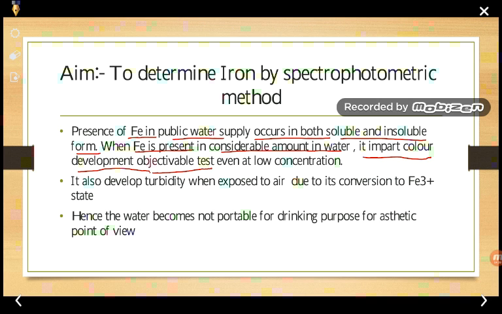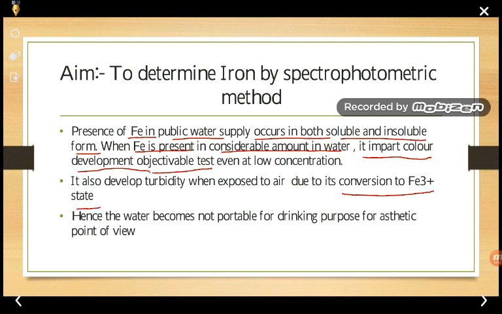Next, it also develops turbidity when exposed to the air. If you keep water containing a high amount of iron for 1 hour, you can find that when exposed to the air, it becomes turbid, due to conversion of Fe2+ to the Fe3+ state.